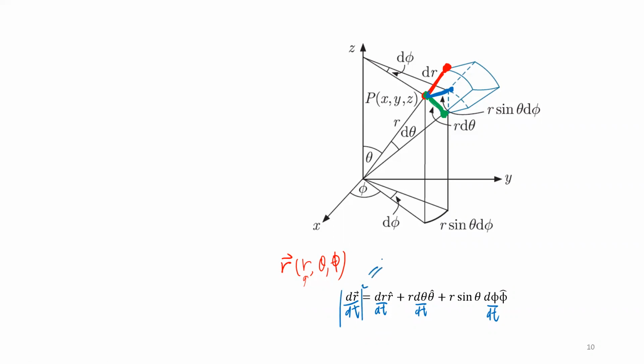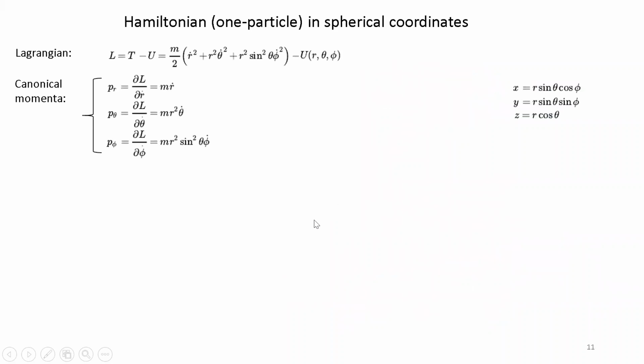So that would be equal to dr dt square plus r square d theta dt square plus r square sine square theta d phi dt square. Right. So this is how you express the v square in the spherical coordinates.